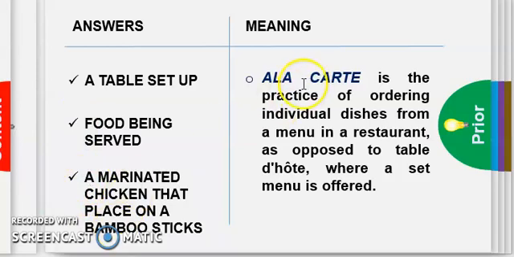Wow, what an answer. Okay, you have some ideas, but what does a la carte mean? A la carte is the practice of ordering individual dishes from a menu in a restaurant, as opposed to table d'hote, where a set menu is offered. The one being used in a setup is called an a la carte setup.